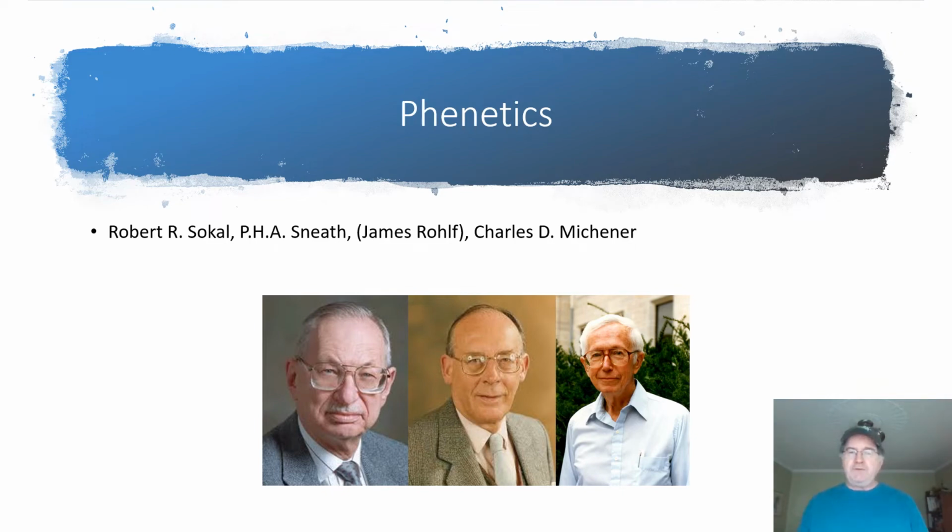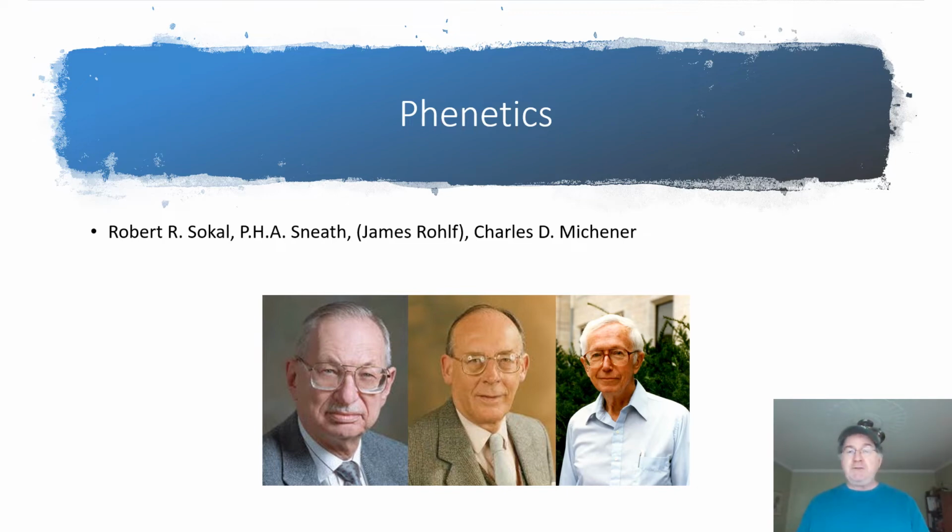But the real person who grounded the work that Sokal and Sneath proposed in issues in the real biological world was the gentleman on the right, Charles D. Michener. Michener was a grand old man of systematics.